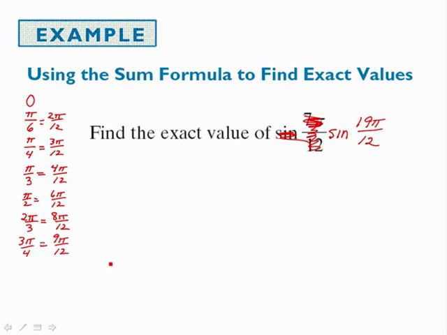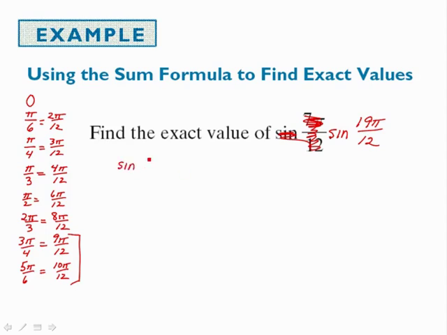Which is 9 pi over 12. Are we getting close here? There was 5 pi over 6, which is 10 pi over 12, isn't it? Lo and behold, 9 pi over 12 plus 10 pi over 12 gives me 19 pi over 12.